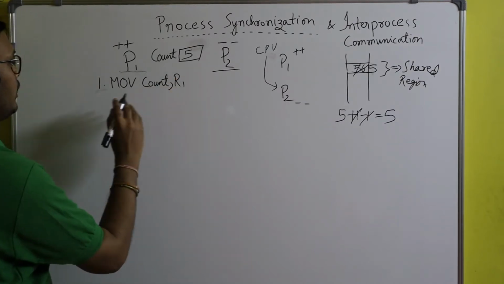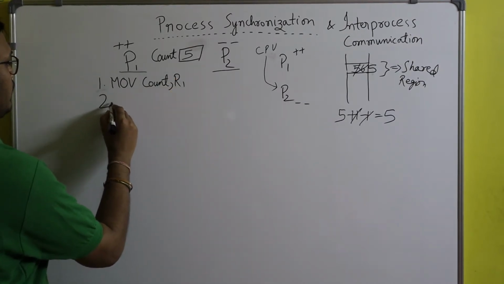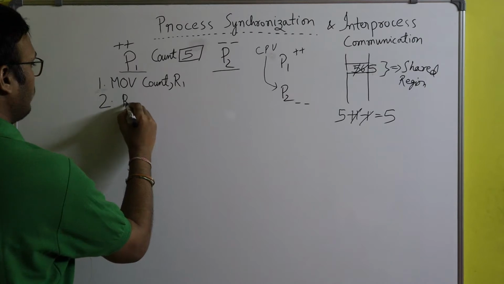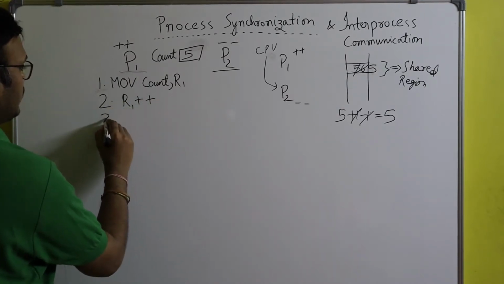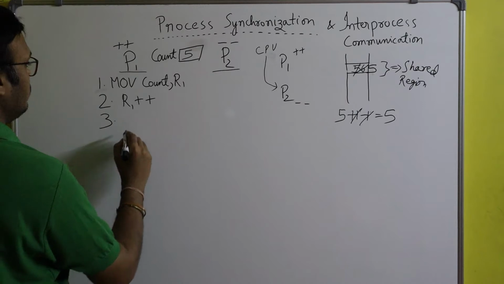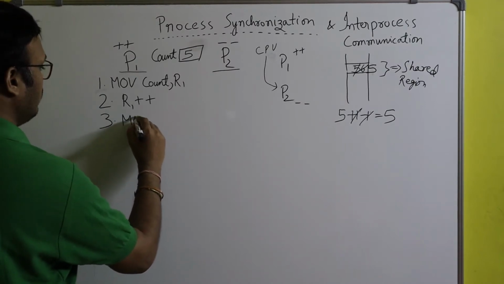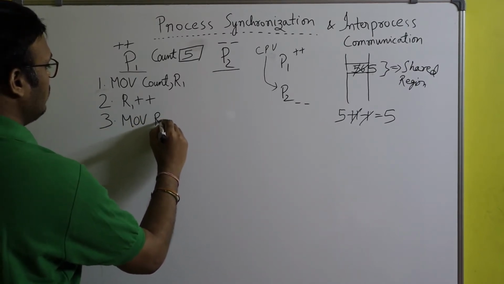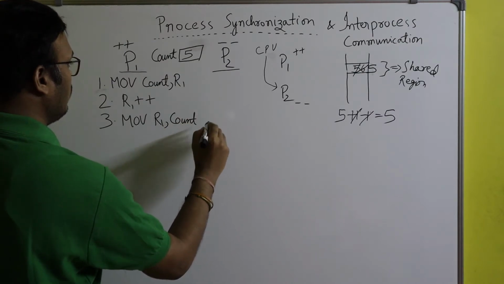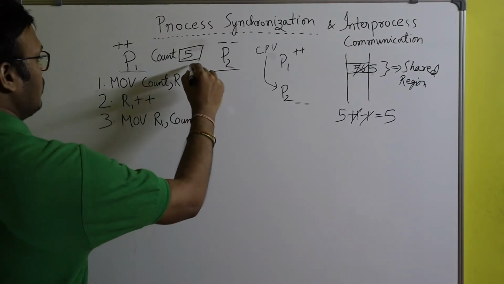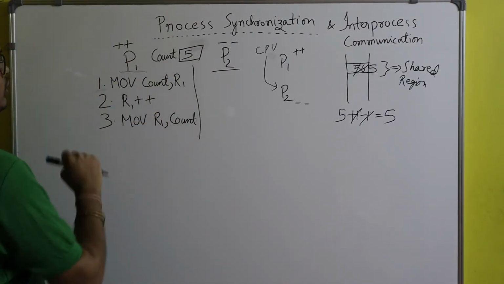Don't worry, I will explain each and everything. Then R1 plus plus. Then the third instruction is move R1, comma, count. So it's the code of process P1.